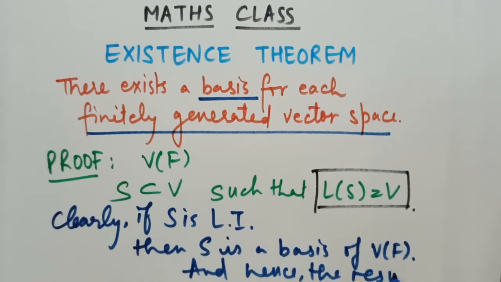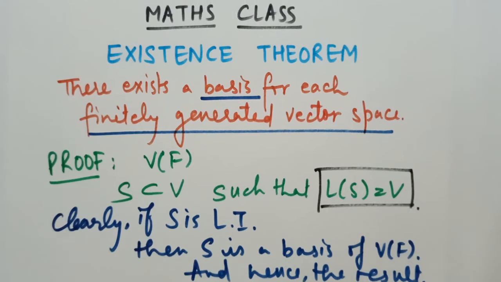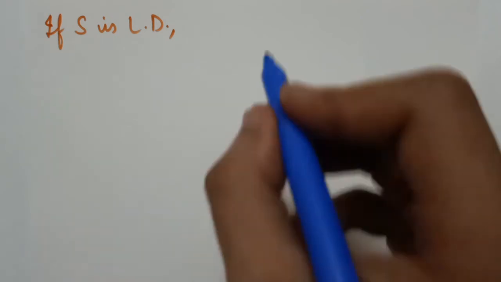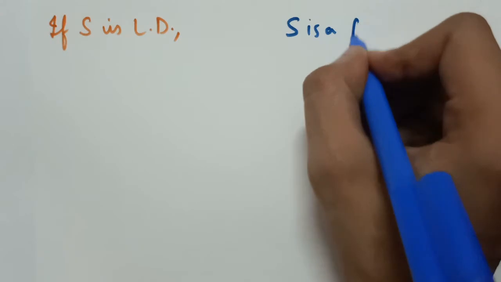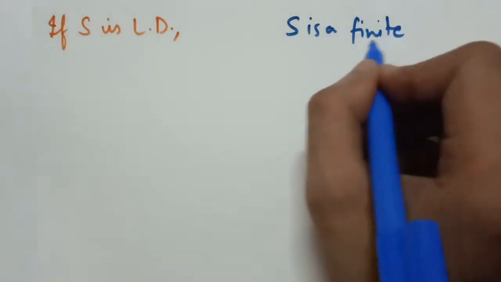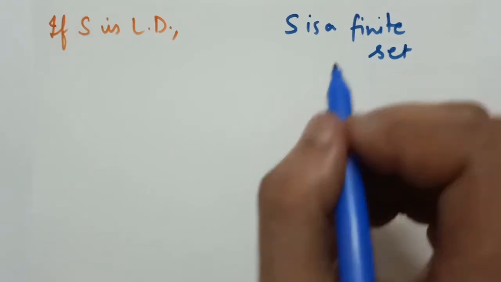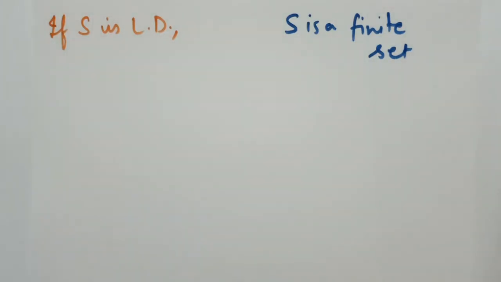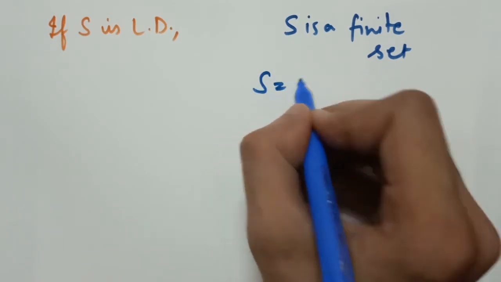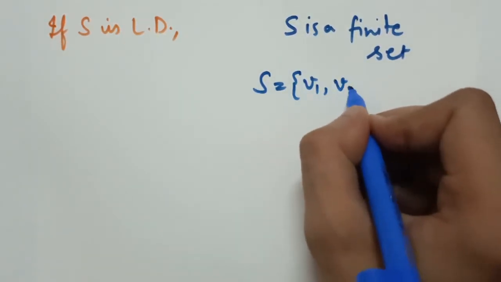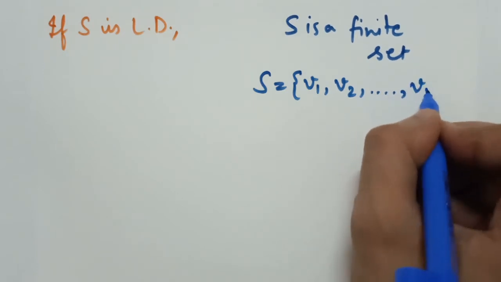But what if S is linearly dependent? If S is a linearly dependent set, then according to the definition of a linearly dependent set, there must exist an element in the subset S which is a linear combination of the other elements of S. Since S is a finite set according to the definition of a finitely generated vector space, let us consider S equal to {V1, V2, up to Vn}.